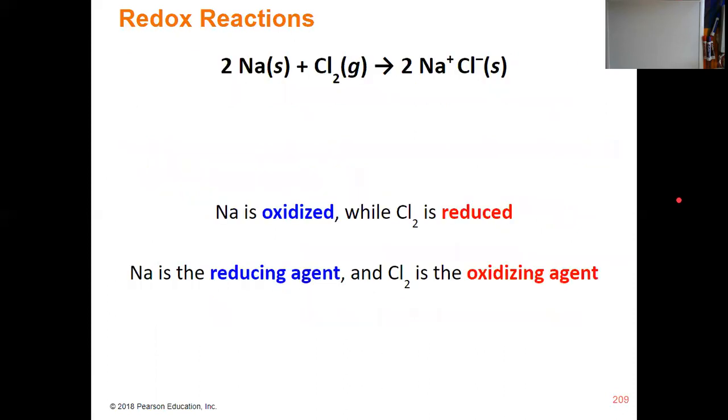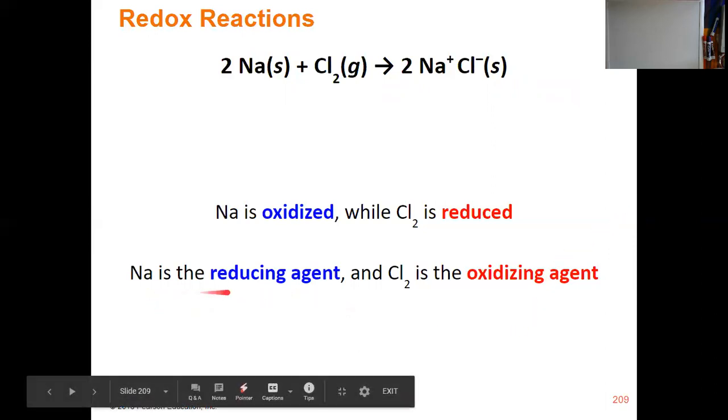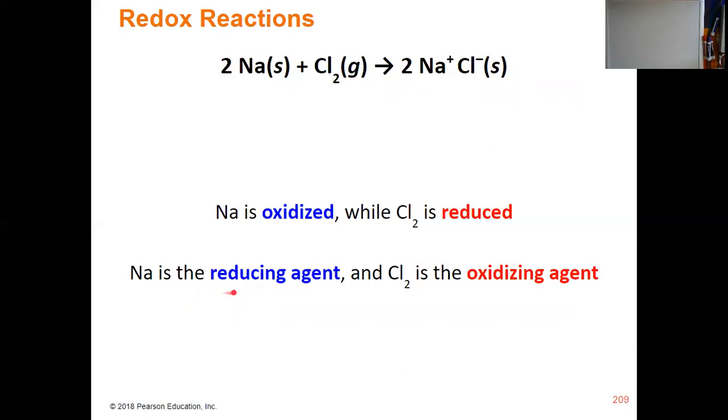Okay, so let's look back at this example again with our sodium and our chlorine. We see here that sodium is oxidized and chlorine is reduced. If sodium is oxidized, that means that sodium is the reducing agent because sodium is causing the reduction of chlorine.